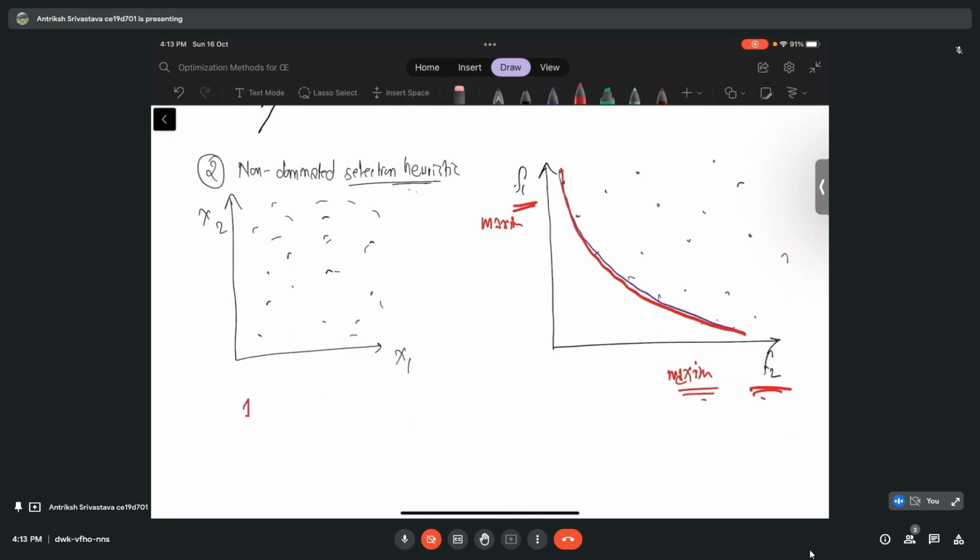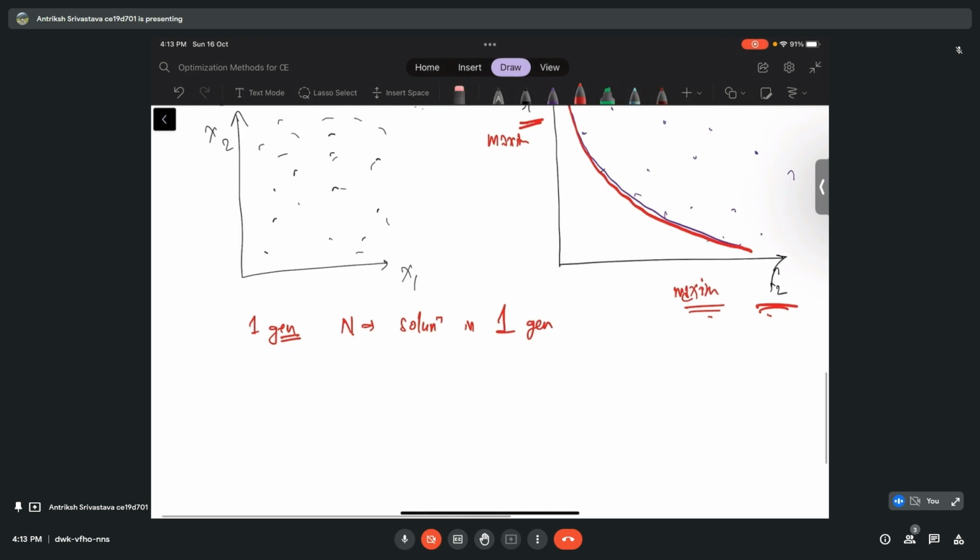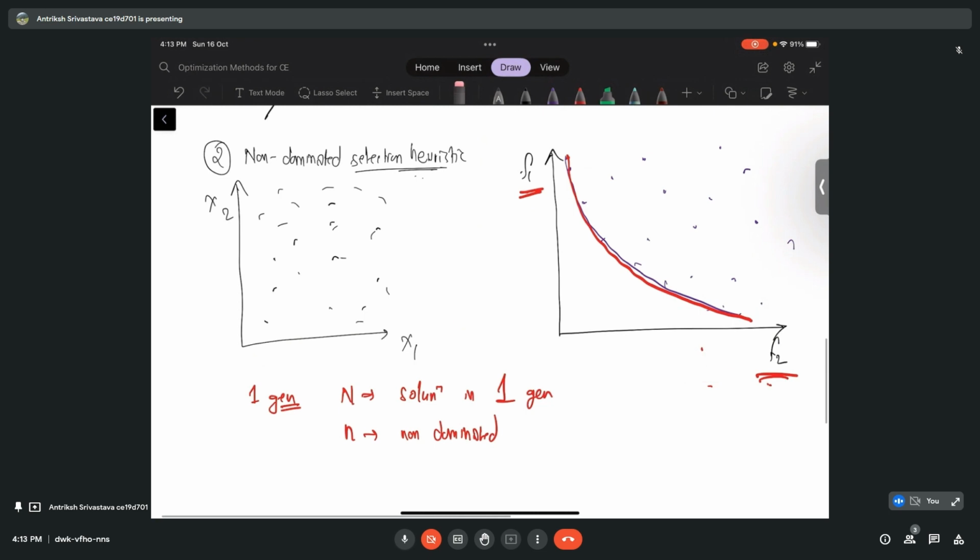Let's say in one generation you had capital N solutions, to be consistent with what sir was using, and out of those capital N solutions, there are small n solutions that are non-dominated. So if I want to keep this here, I think I made a mistake. It should be a minimization problem.